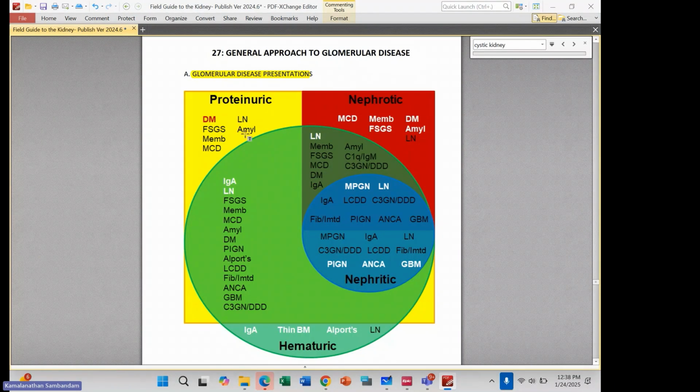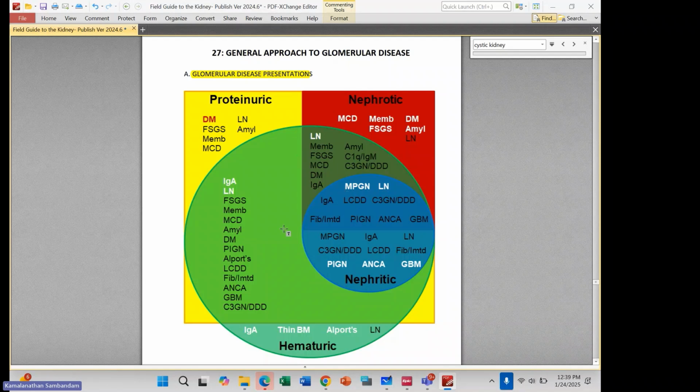You can have an amyloidosis, a lupus nephritis as well. Okay, so here we are in the nephrotic patient subset. Remember again, these three travel in a pack: minimal change, membranous, and FSGS. Certainly, you can see diabetes and amyloidosis presenting with nephrotic range proteinuria without much hematuria.